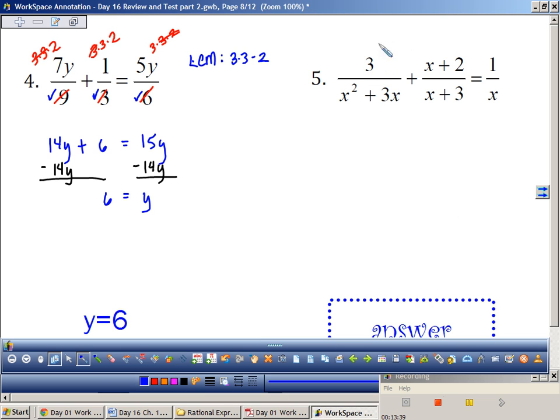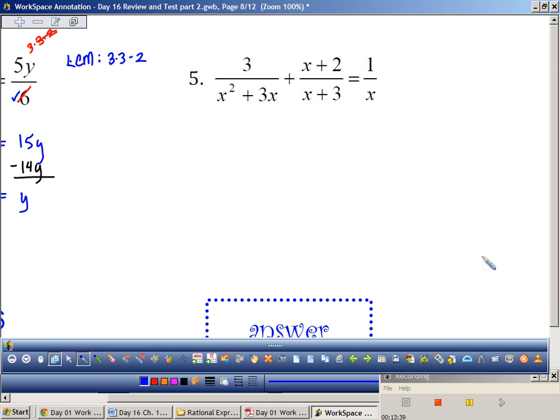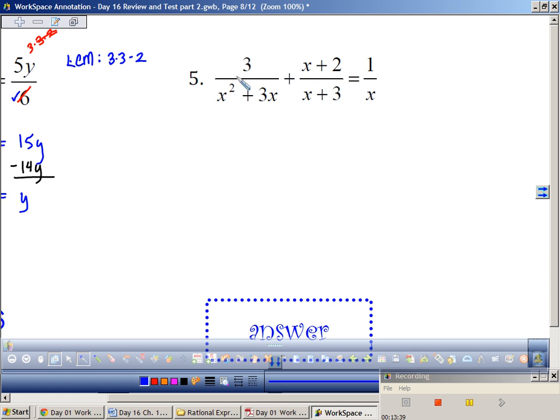All right. What about this one? What should I do first? Take out an x. What do we call that? Factoring out an x. There's a GCF, right?